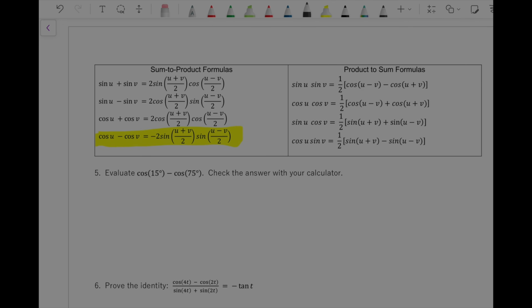my u is 15, my v is 75. Negative 2 sine, we'll add them, 75, 85, 90. Oh, divided by 2. We'll baby step it. Add them, then divide by 2, and then subtract them.